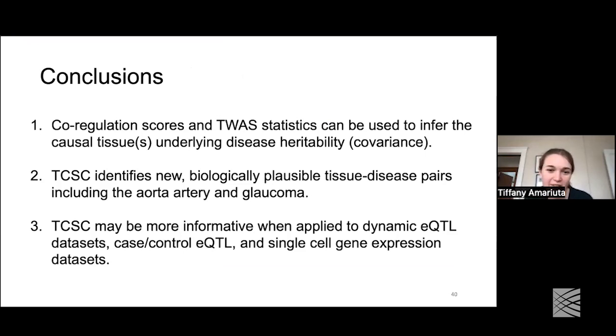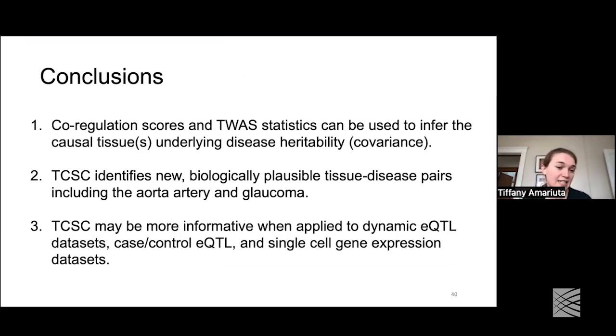TCSC was able to identify some new biologically plausible tissue disease pairs, such as the aorta artery and glaucoma, but we also provide some reason for why the TCSC might identify this tissue if the true causal tissue is indeed missing.